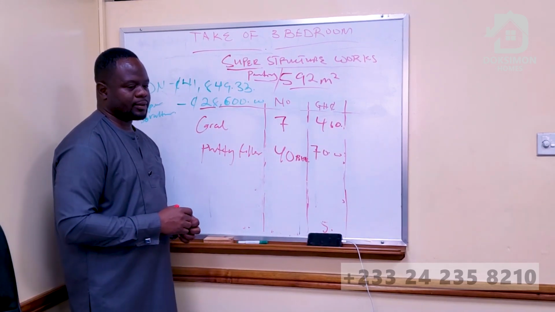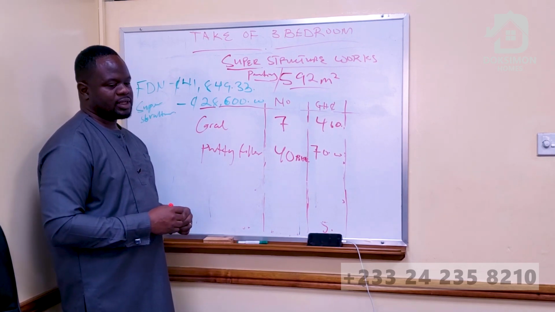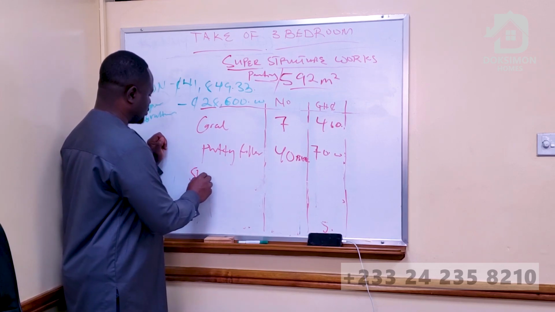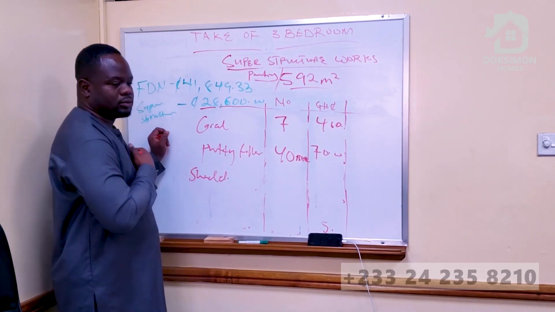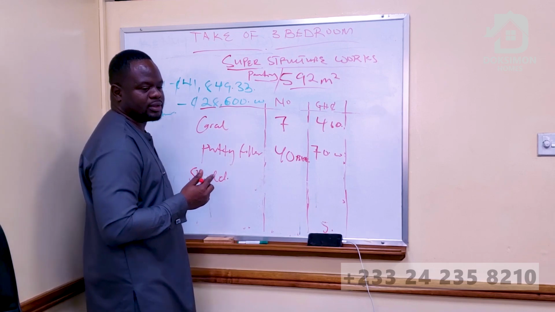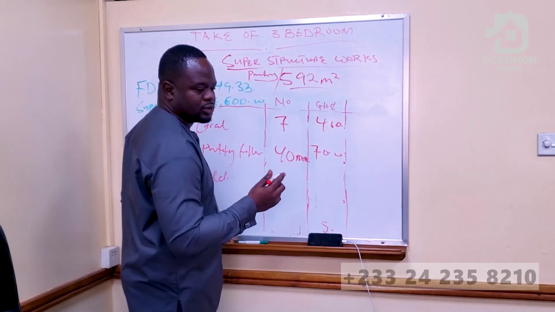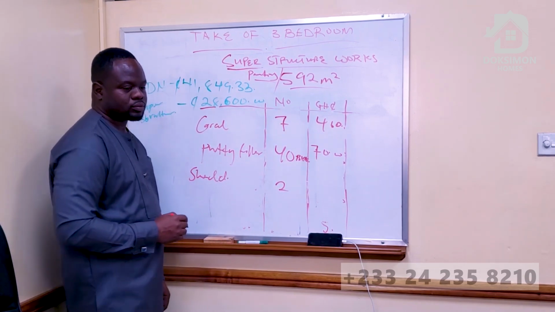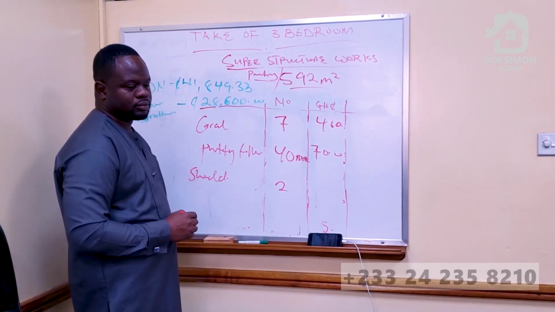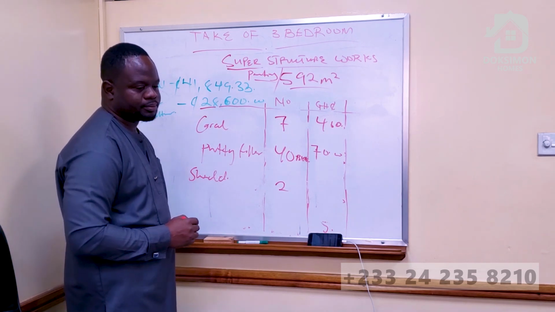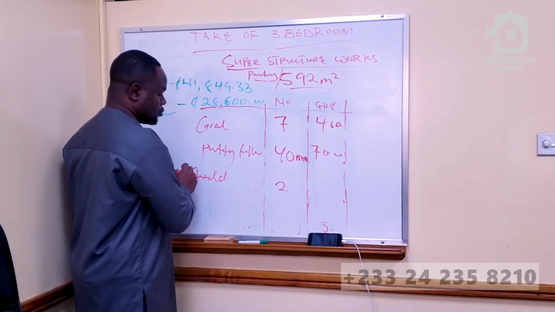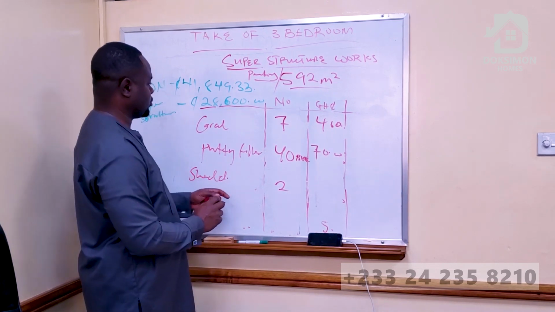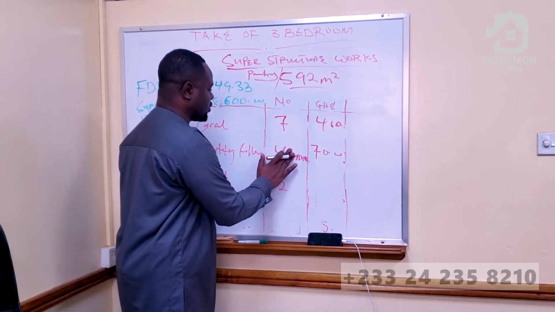Okay, so let's take the ceiling. For the ceiling, we recommend you buy Shield paint. And we are saying with all the ceiling, just 2 buckets will be able to cover those areas. Then the putty, I think we have to increase the number.